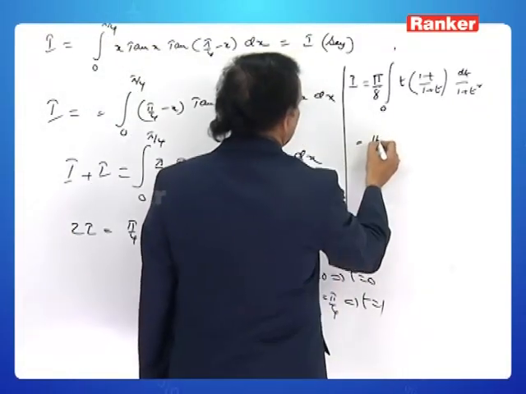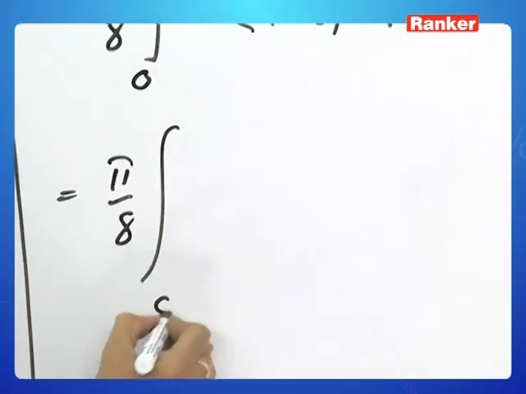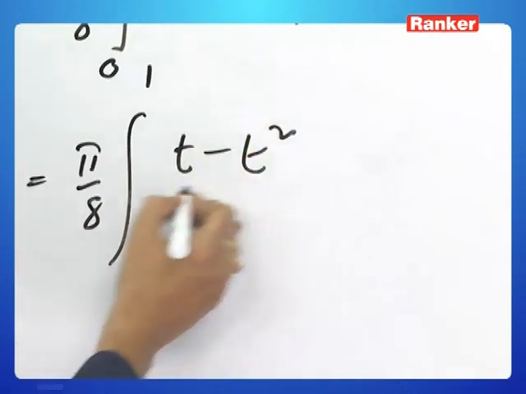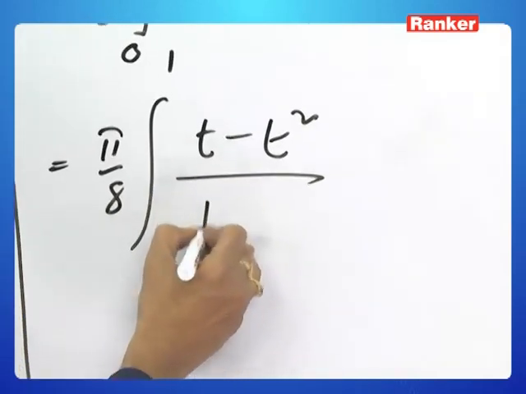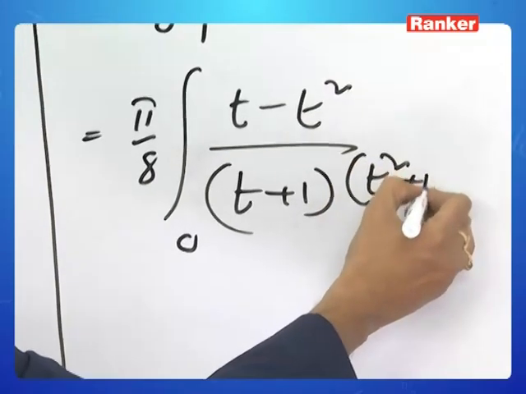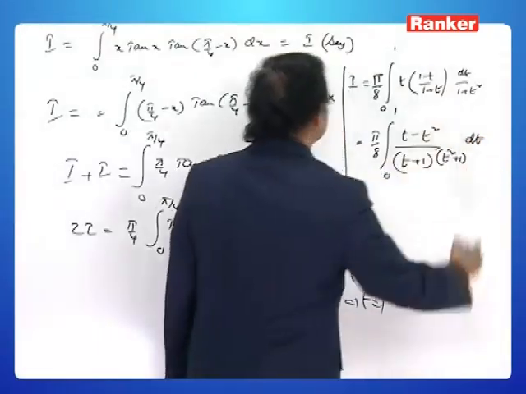This is equal to pi by 8 into integral 0 to 1 of (t minus t square) by (t plus 1) into (t square plus 1) dt. Am I correct?